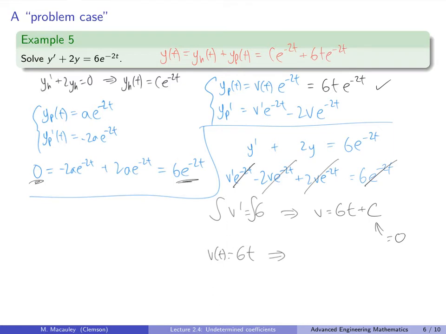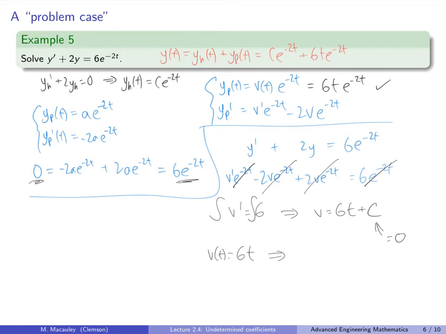Now what always tends to happen in these type of equations, when you have one of these so-called problem cases, they arise in double roots, and they arise when the forcing term solves the homogeneous equation, is that you want a solution of the form a e to the minus 2t, and it doesn't work. So what you end up doing is sticking a t in front. This thing always ends up having a t in front. That's what happened before when we had the repeated root case.